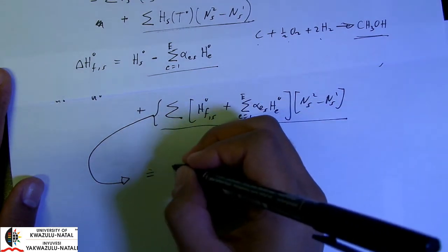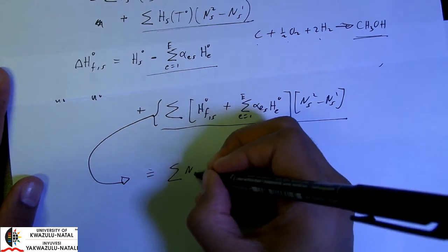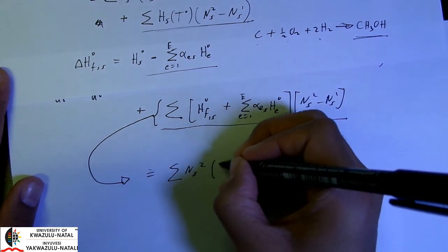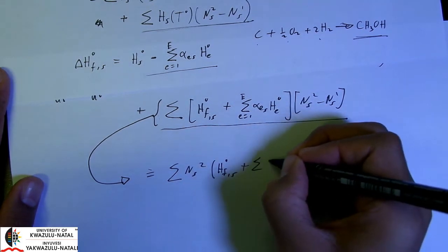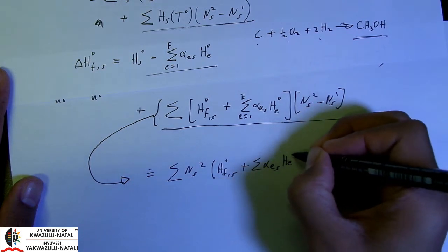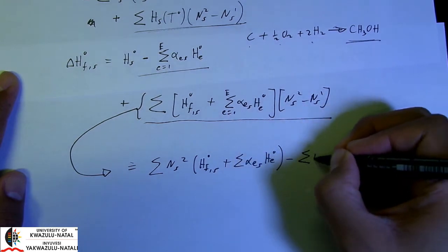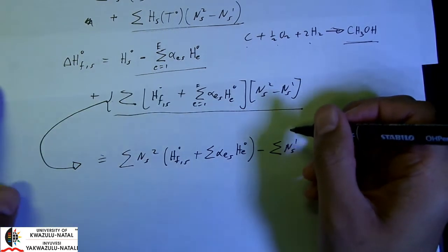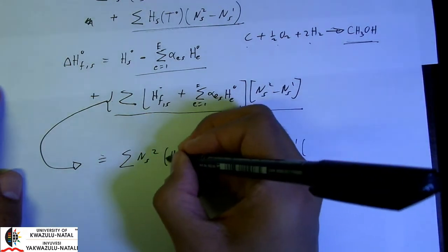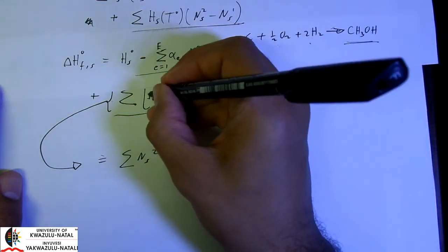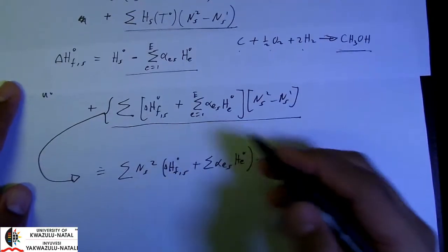Okay, so this term here is equal to minus the NS1... sorry, this is a change here, right? Delta HFS. Okay, so that's my delta there.